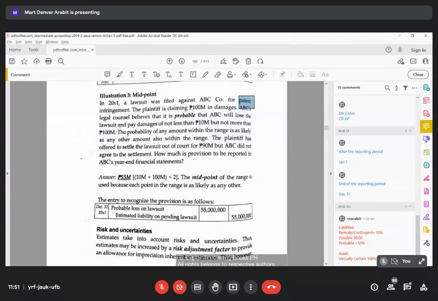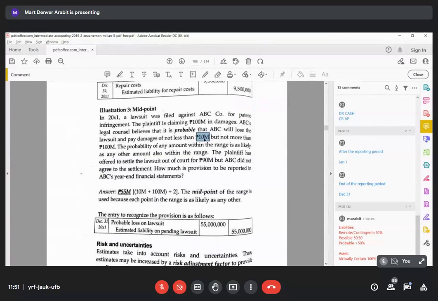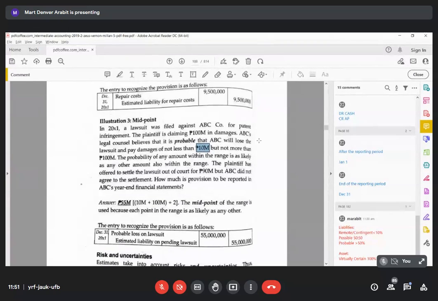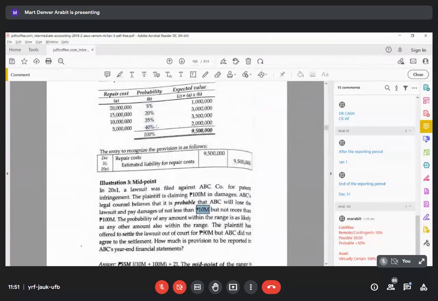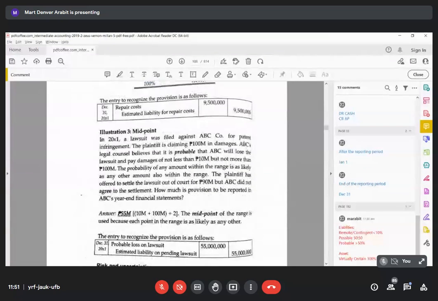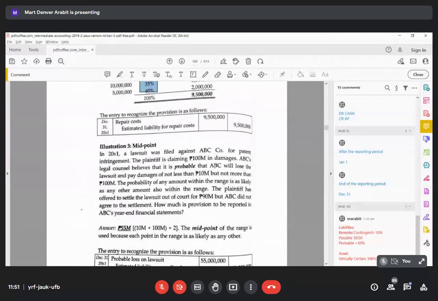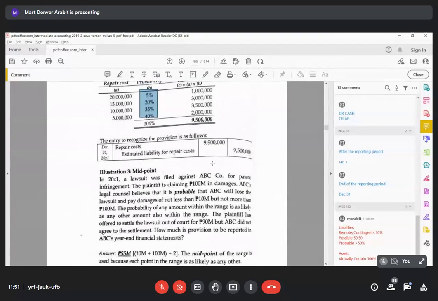The probability of any amount within the range is as likely as any other amount within the range. So if you compute based on expected value using these amounts, since they are as likely as each other, they all have the same probabilities, and therefore you end up at the midpoint. Sure, even if you try it.